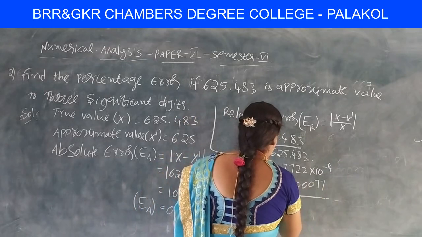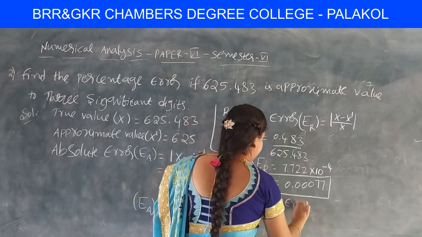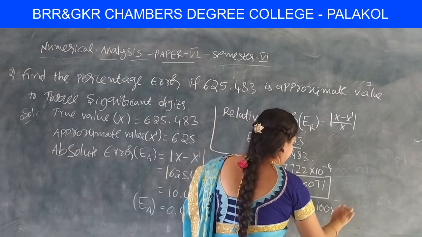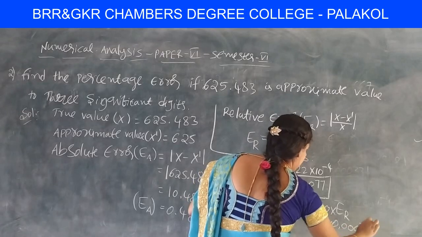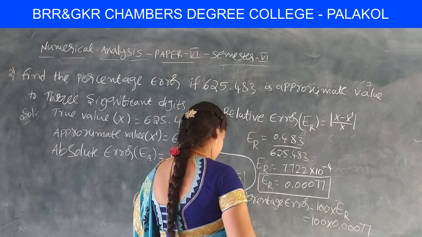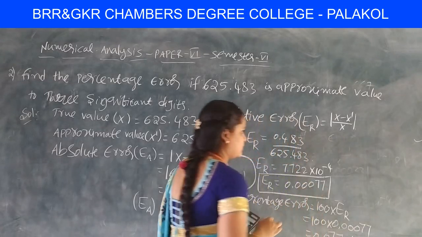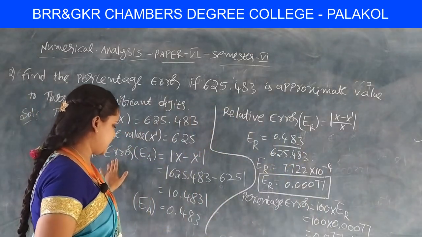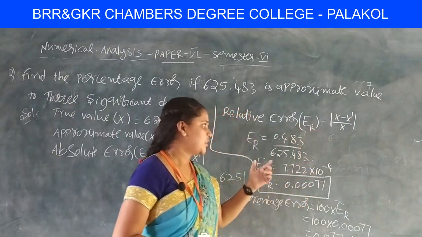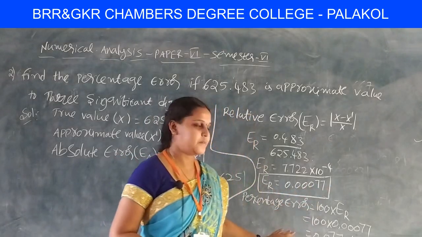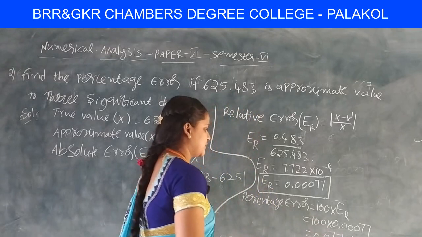And the last value, percentage error. The percentage error is 100 times the relative error, which is 100 into 0.00077, that is 0.077. The three values found: the absolute error, modulus of x minus x dash, is 0.483; the relative error ER, modulus of x minus x dash divided by x, is 0.00077; and the percentage error, 100 times the relative error, is 0.077 percent.